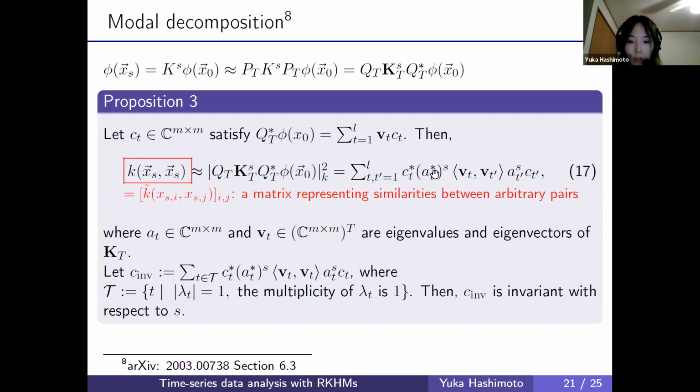And here, the only term depending on time s is the eigenvalues. So if we extract the terms corresponding to eigenvalues whose absolute value is 1, we can extract time invariant information about similarities between pairs of elements.